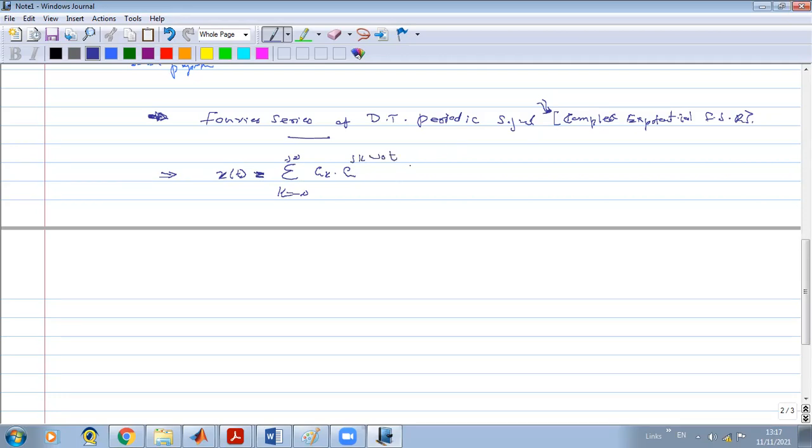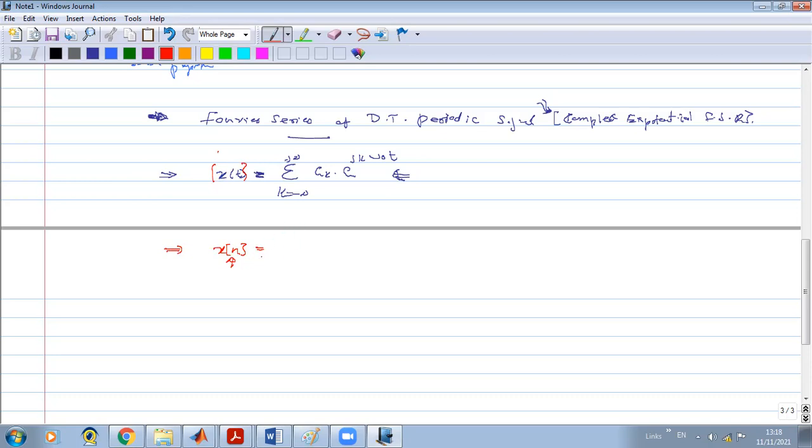So the same concept is here. This x(t) is a periodic continuous time signal. In the same way we can represent any discrete time signal. This n represents the samples, the number of samples; we have already discussed these things.